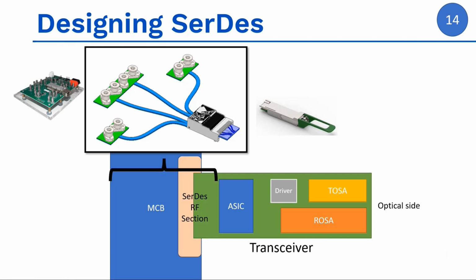I'll talk a little bit about HFSS modeling. What we are trying to do is model the SerDes line. There are many parts within the transceiver that are not the subject of our discussion today. We are concerned about the SerDes here. SerDes stands for serializer and deserializer. These are lanes that carry one signal, and that signal is constructed from hundreds of low frequency, low bit rate signals in kilobits per second.